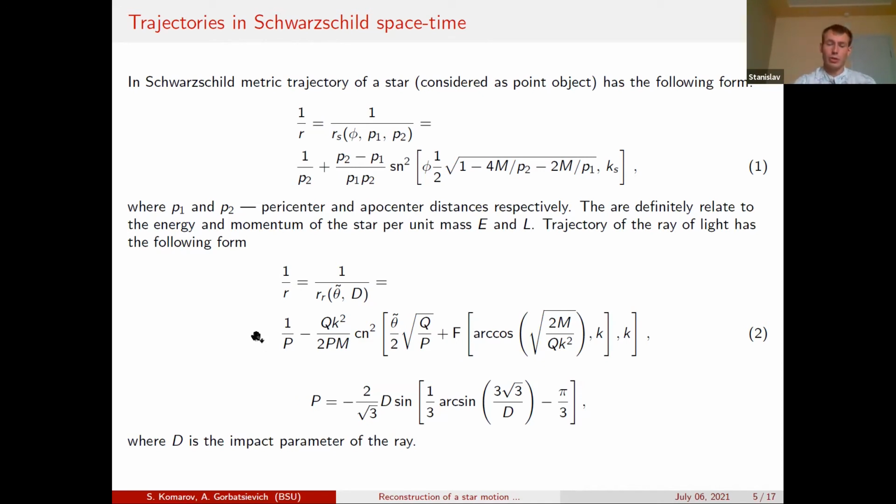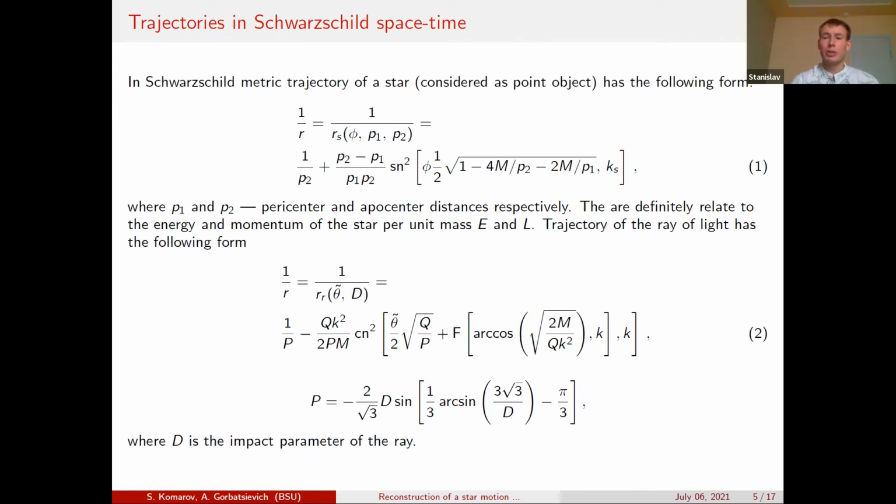This solution consists of the parameter of motion, the angle theta, and depends on the parameter of motion P or D. D is the impact parameter of the ray, and it is known that this impact parameter is not an explicit function of the parameters of motion of the star.